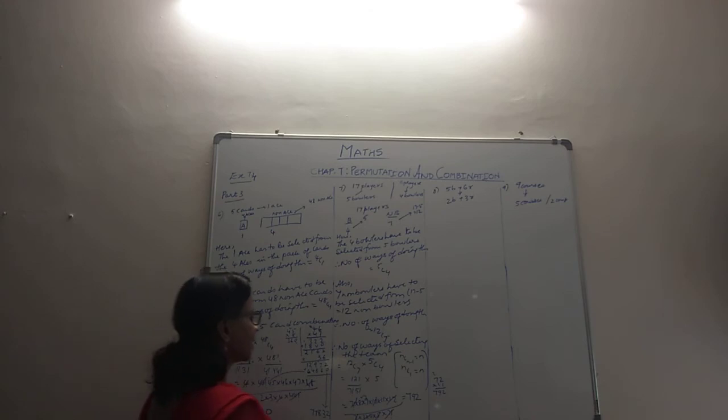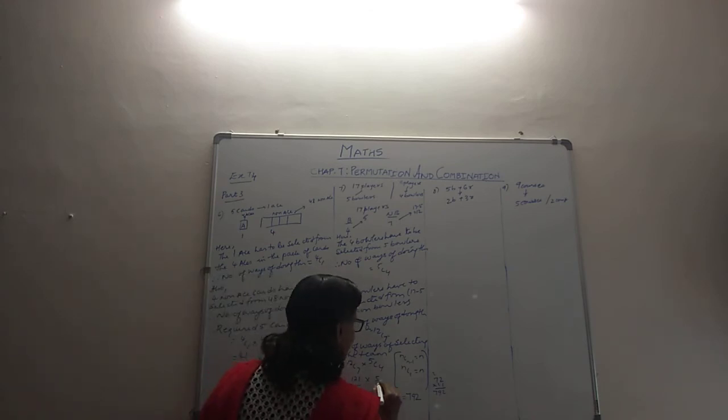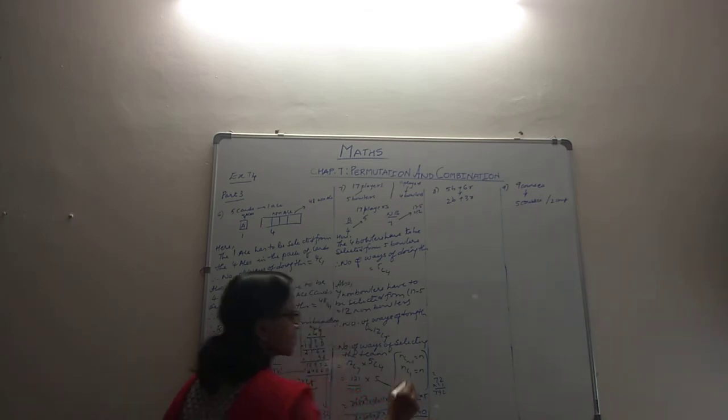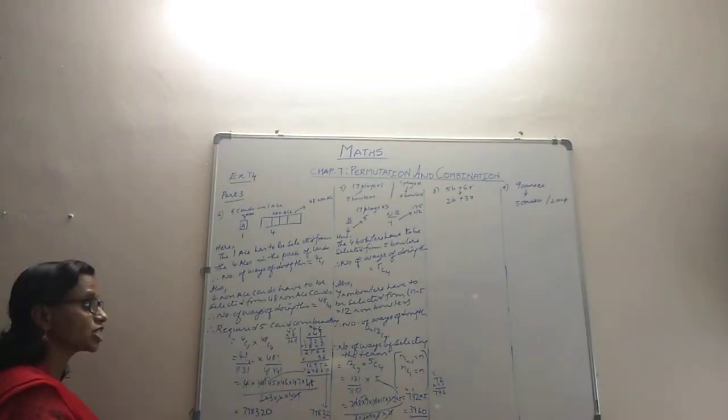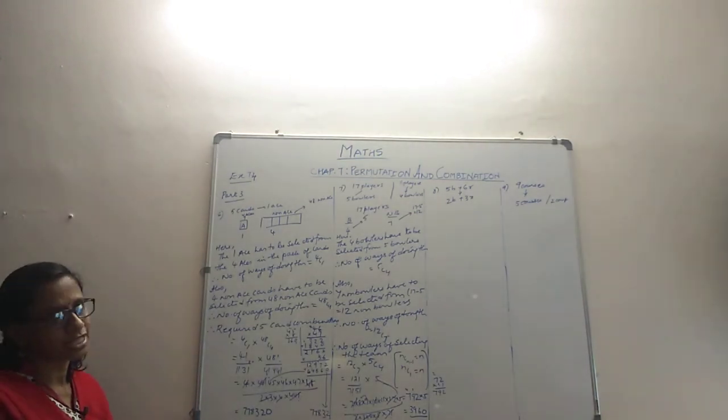No, there is a 5 also. This 792 into 5. Let's check. 5 2s are 10, 5 9s are 45, 46, 35, 39. Yes, so many ways. 3960 ways you can choose this cricket team.